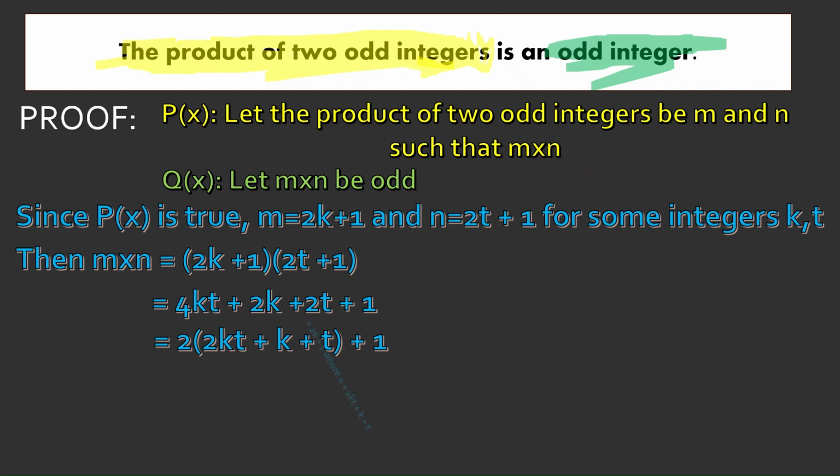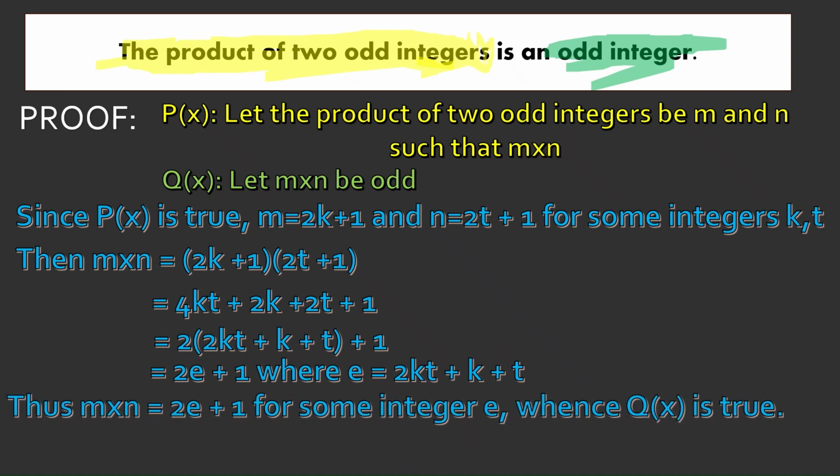To do that, we're simply going to replace the inside here by a variable. So we'll say 2 times e plus 1, where e is equal to what we have inside. And thus, m times n is equal to 2e plus 1 for some integer e.